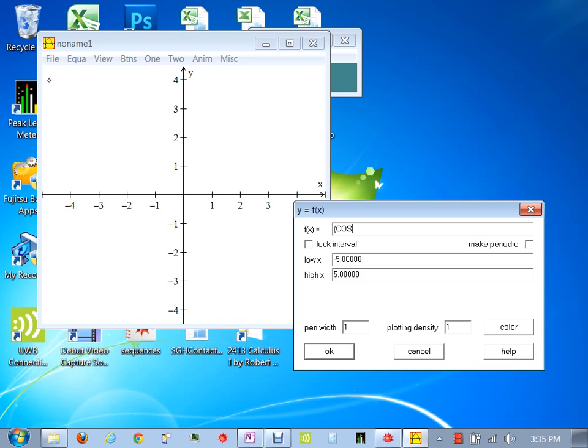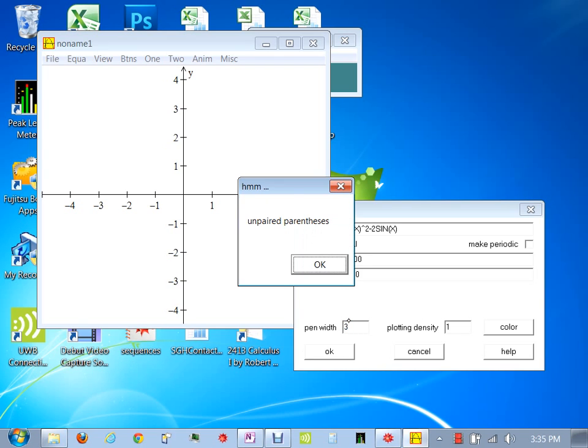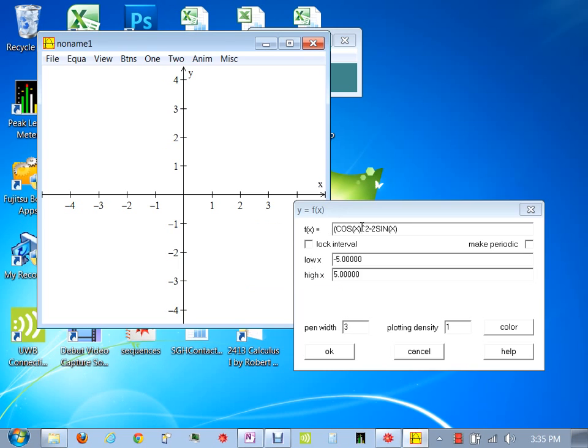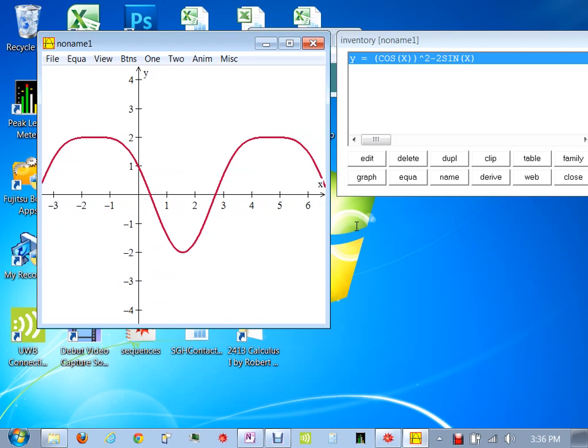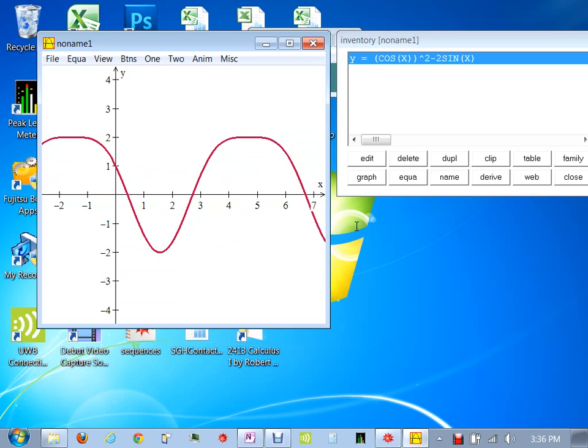What do we have here? Cosine x squared minus 2 sine x, there's the function. What is 2 times pi? About what? 6.2, 6 point something, right?